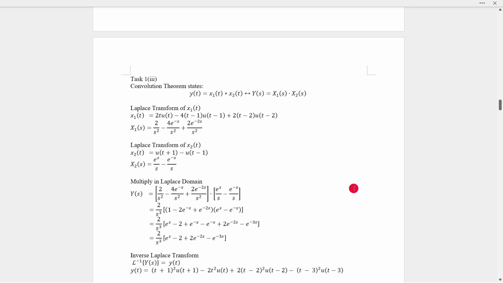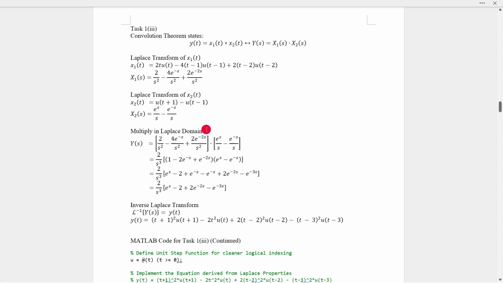Moving on to the third task. So the convolution theorem states that y(t), the convolution in time domain, can also be done as multiplication in the S domain. So we will Laplace transform x1 and x2 into their equivalent form in S domain.